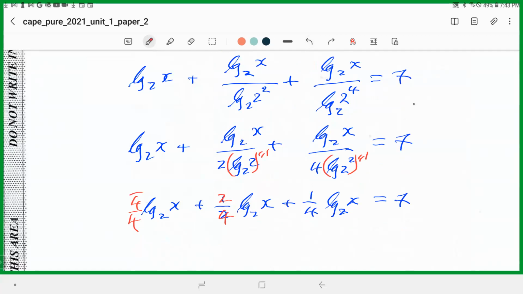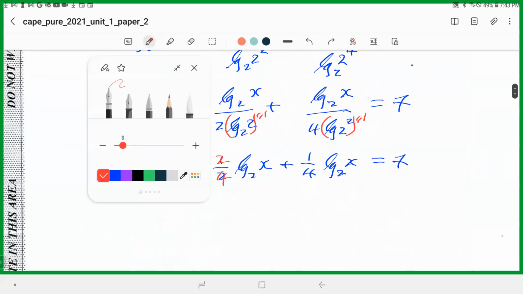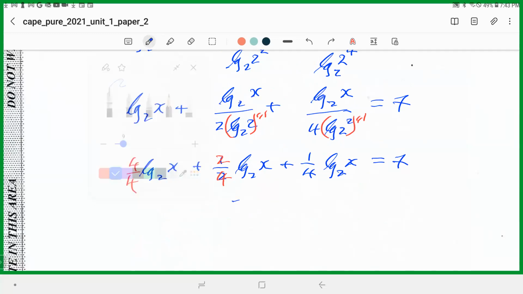I'm going to add them again. 4 plus 2 is 6 and 1 is 7. So I get 7 over 4. So this reduces to 7 over 4 log to base 2 of x equals 7. And the 7s cancel each other. When they cancel, we multiply by 4.